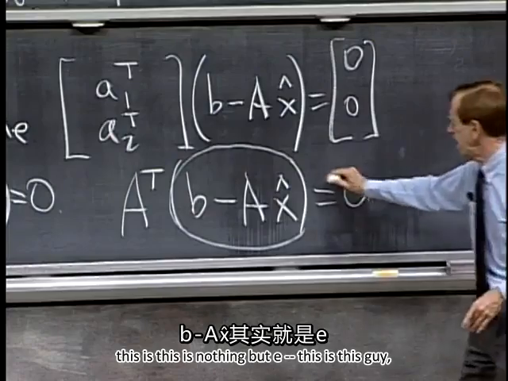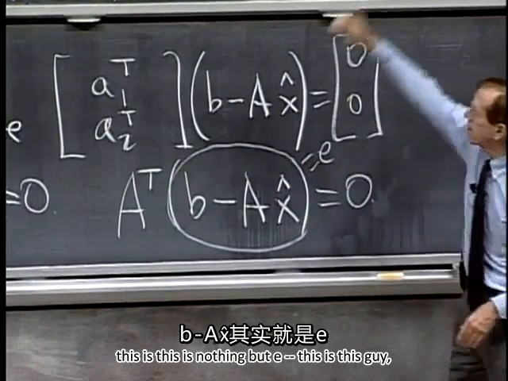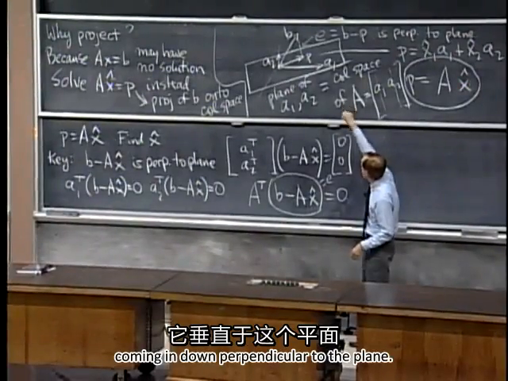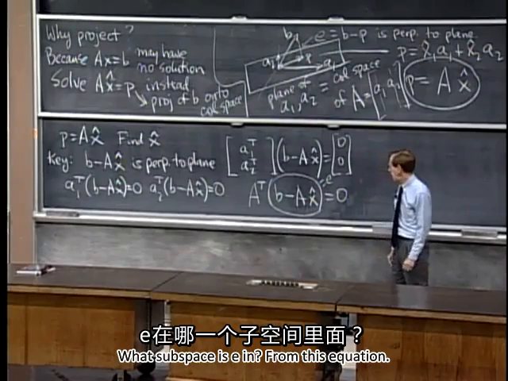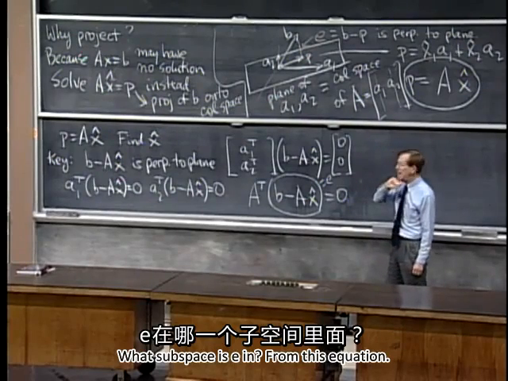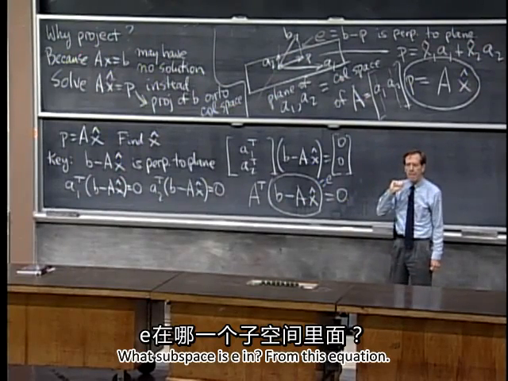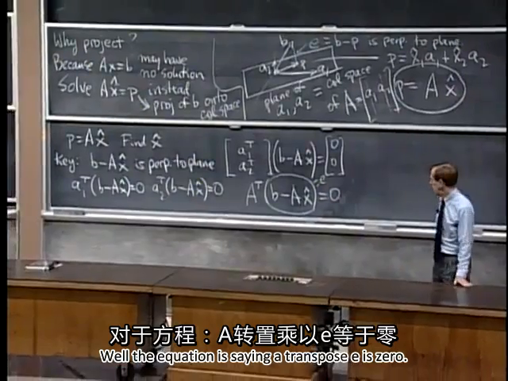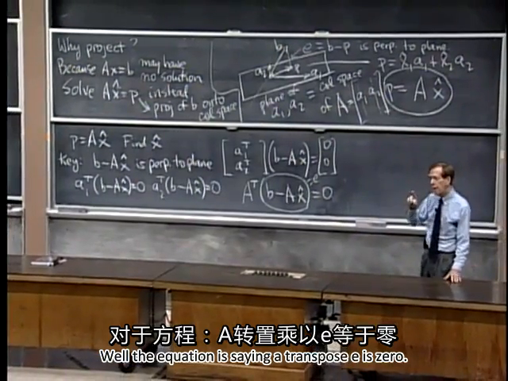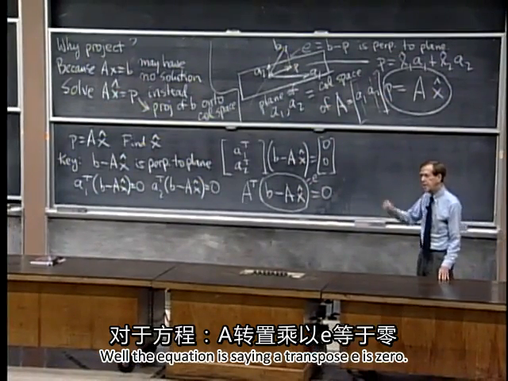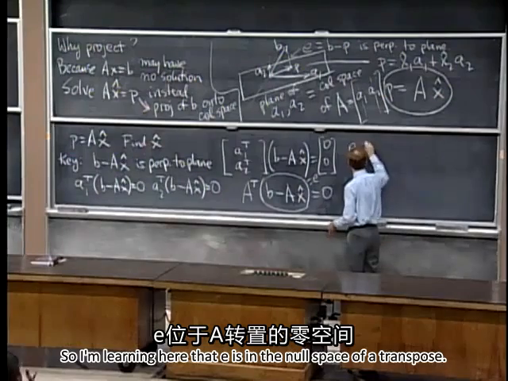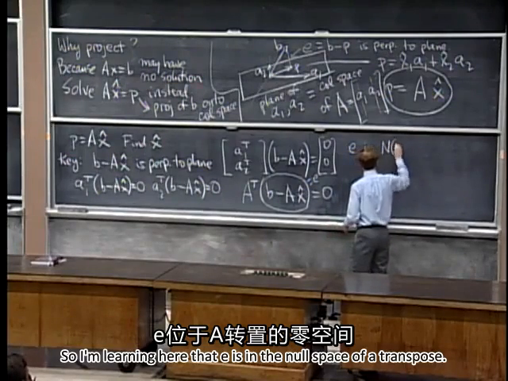This is nothing but E, coming down perpendicular to the plane. Well, the equation is saying A transpose E is 0.